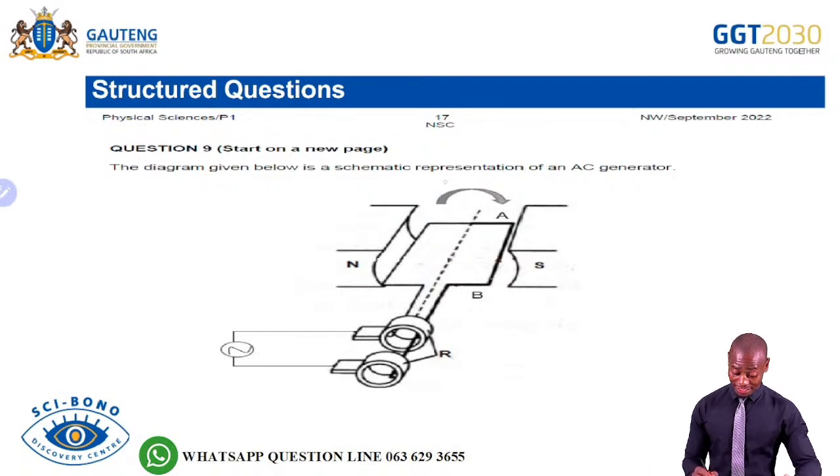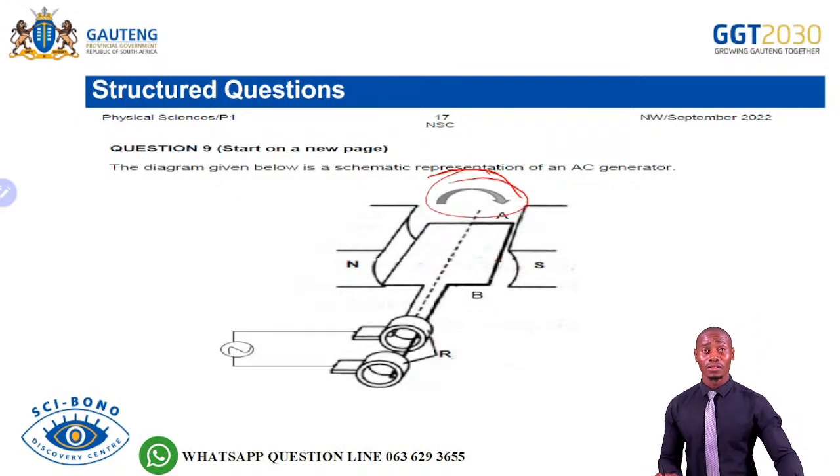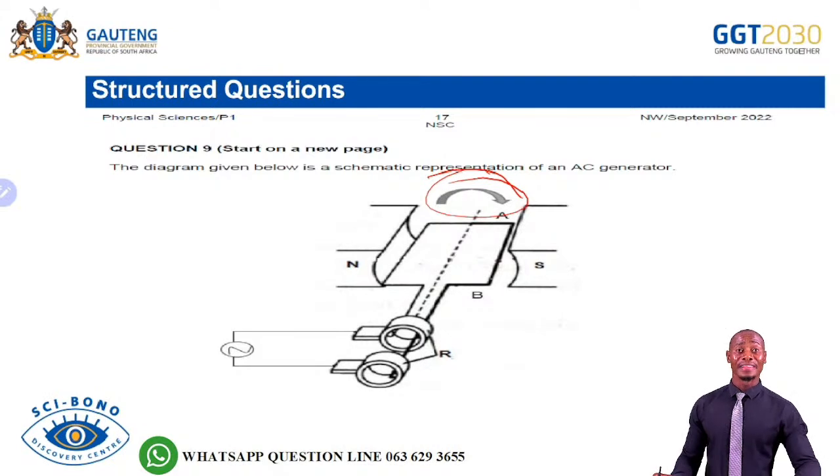And if you check on the diagram, this arrow is not just the design, all right? You see this arrow, it talks about the rotation, whether the coil rotates clockwise or anti-clockwise. So the coil rotates like this, all right? So this coil rotates clockwise.